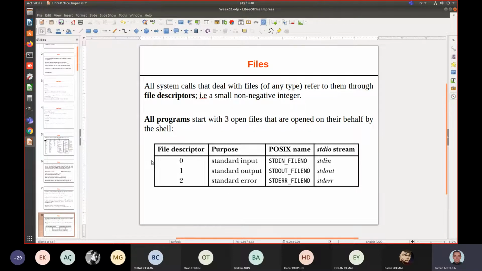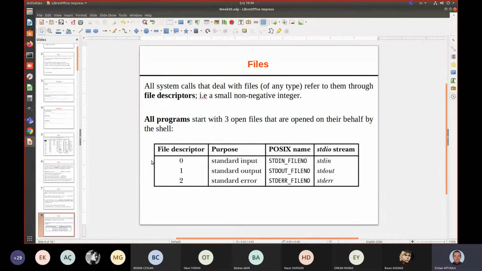And of course, it is at our discretion. We can change them in any way we like. So we can close the keyboard as input device, and we can open up 0 as the scanner. So whatever we read from the scanner will become the input of scanf or fscanf or whatever.